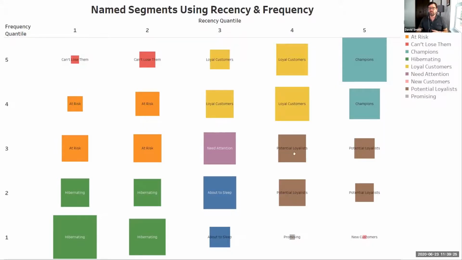And then there are these potential loyalists, the ones that are recent, but haven't been very frequent. Is there a way to make them more frequent? As you look at different parts of this matrix, you can see that there are different approaches you would want to take with the customers.